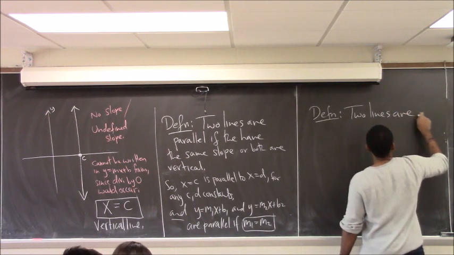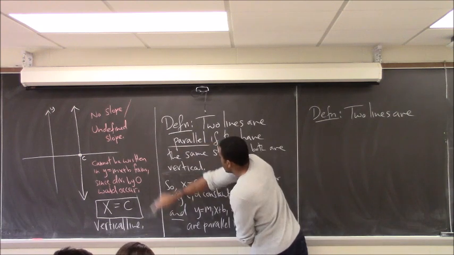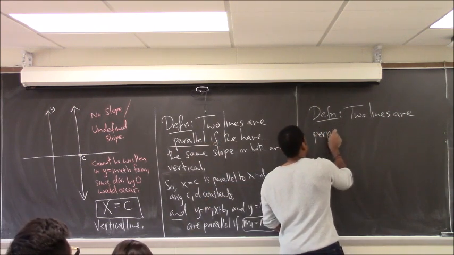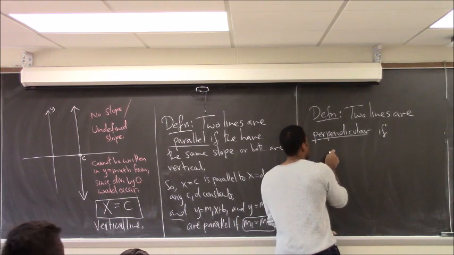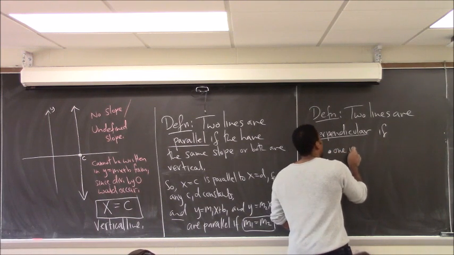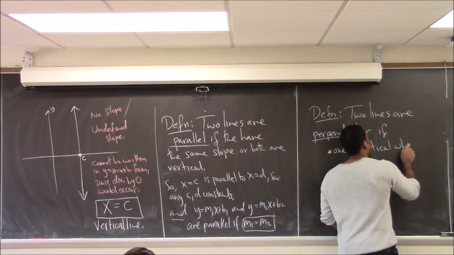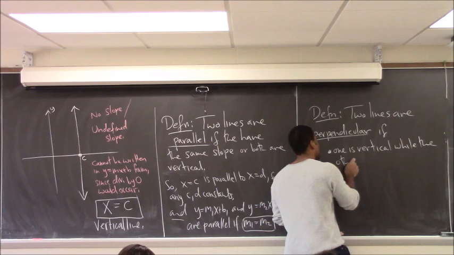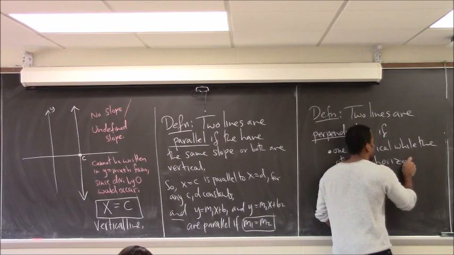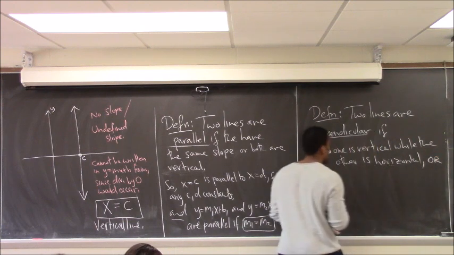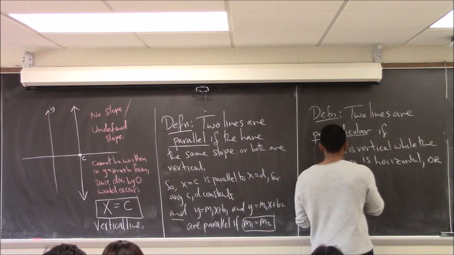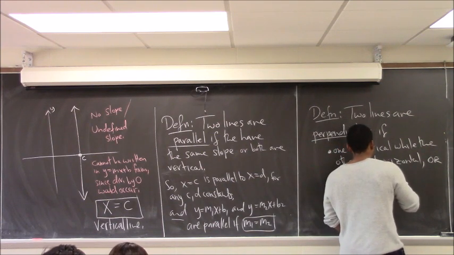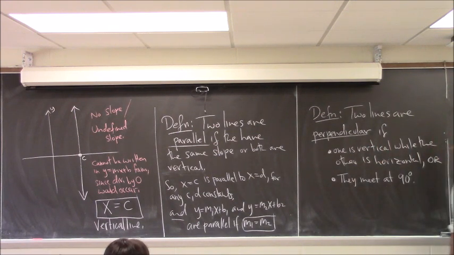So this is defining the word parallel. Two lines are what we call perpendicular if one is vertical while the other is horizontal, or they meet at 90 degrees otherwise.